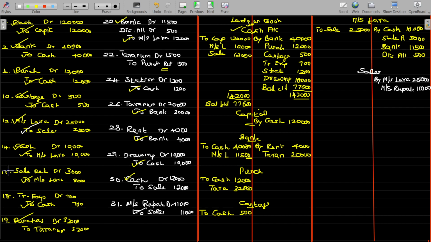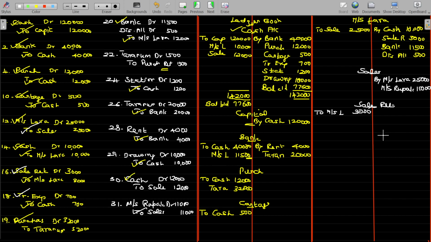Sales is over. Now on 16th, we have sales return. So I'm opening the sales return ledger account here. In sales return ledger account, to Mrs. Lara, or simply L, 3,000 rupees.